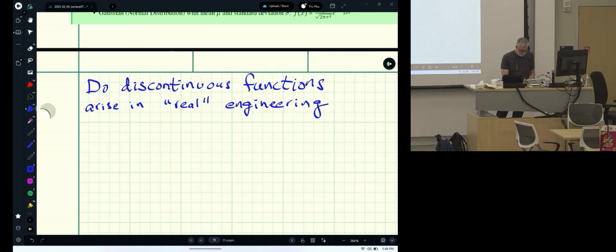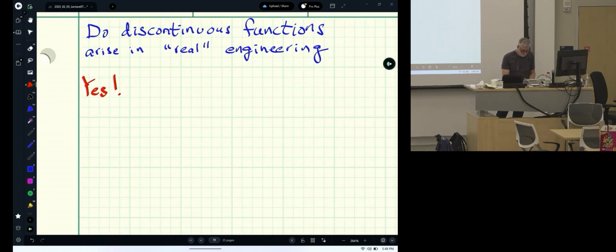And the answer is yes. So we use algorithms as functions all the time.